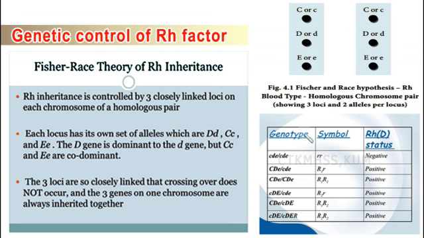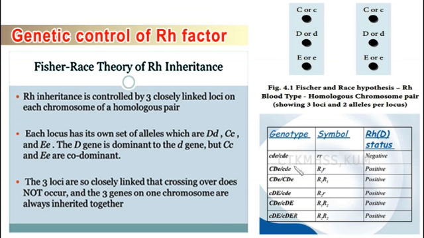You can see the RH status, negative and positive, with this gene CDE. You can see both are recessive, small d, so the person will be RH negative. If the allele small d is present on both, both are recessive alleles, then it is negative.